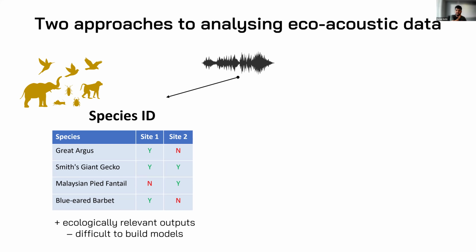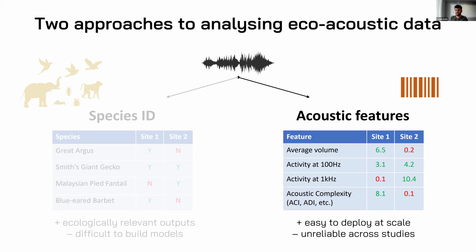If you want to build a spatial distribution model, if you want to look at community turnover, there's reams of ecological literature of how to work with species community occurrence data and turn that into reliable insight at the ecosystem level. However, it is difficult to build these models, and BirdNet, again, a brilliant tool. I've used it a lot in our research, but it's not perfect, and I'm sure no one would pretend it's not, and there are biases with training data sets and everything.